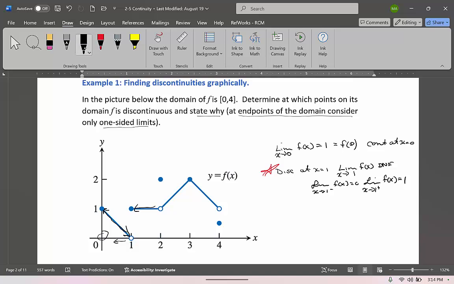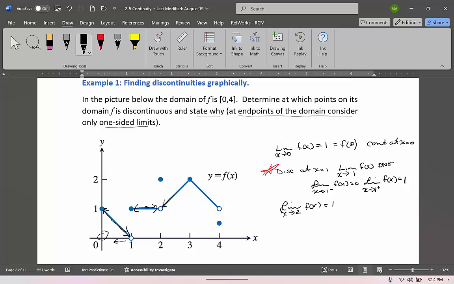Okay? Here it's discontinuous at x equals 2, but in this case the limit as x approaches 2 of f of x does exist, because if we approach from the left or the right, we're always approaching 1.